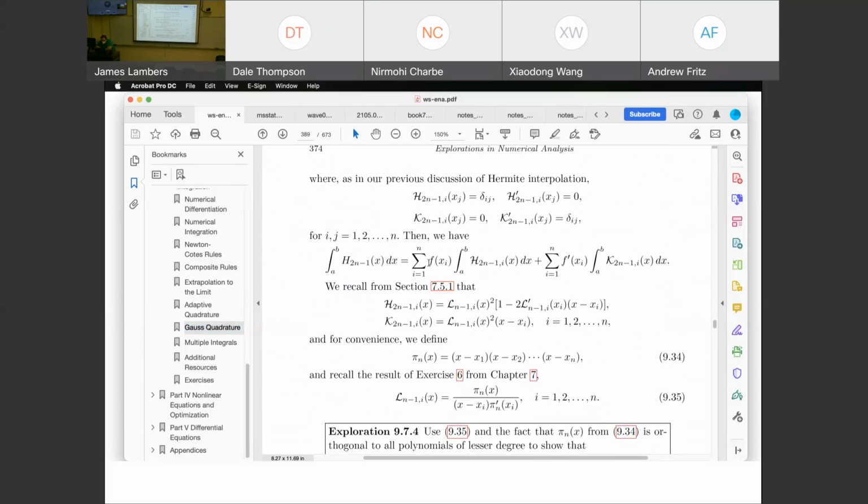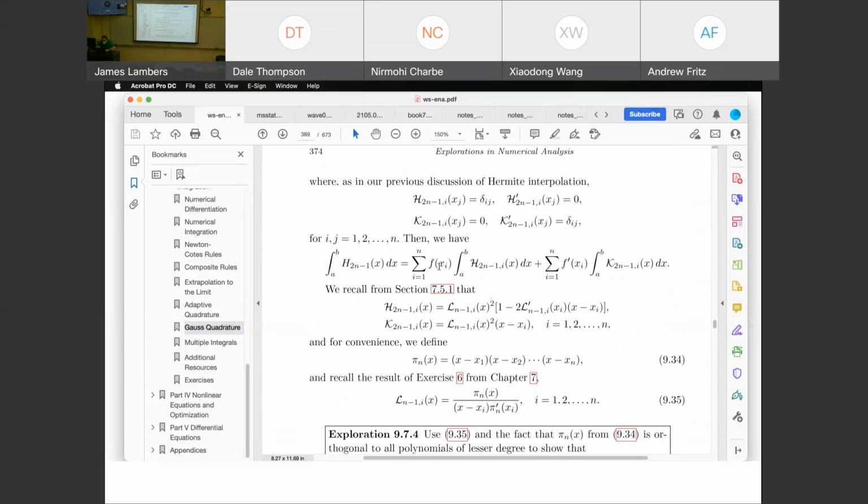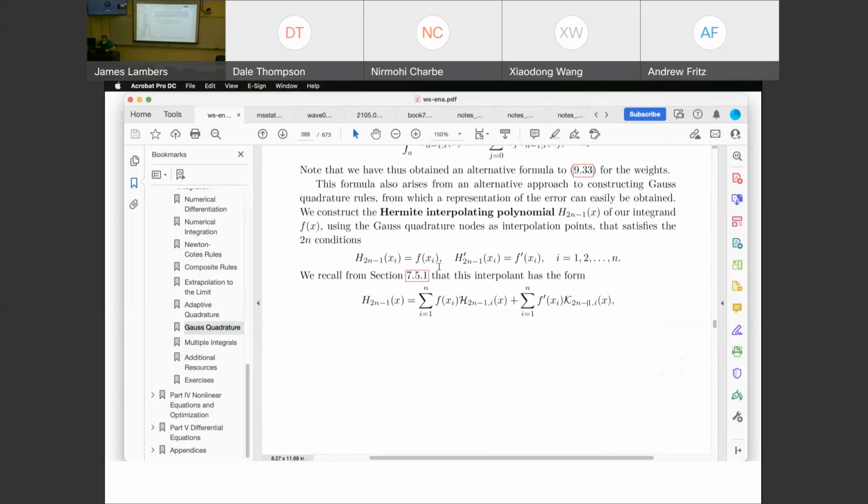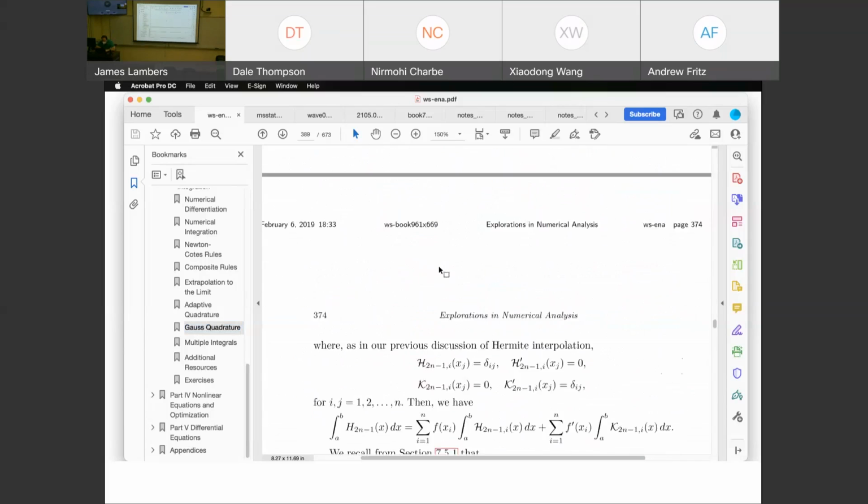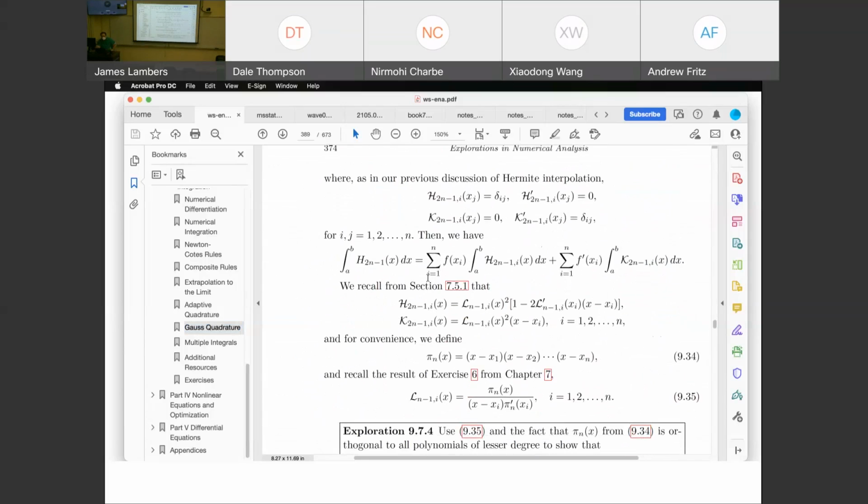Because my error comes from the exact integral minus this integral, by linearity, I have a sum of f values times the integrals of these polynomials plus the sum of values of f prime at the nodes times the integrals of these polynomials. And these polynomials were derived some time ago, back when I covered section 7.5.